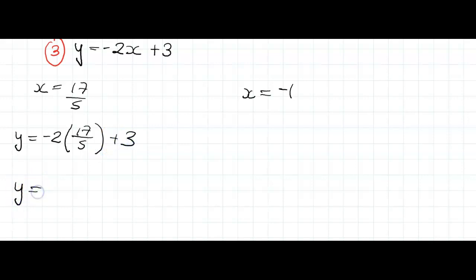Y is equal to, and if we put that into the calculator, so minus 2 by 17 over 5, close your bracket. So that's minus 34 over 5 plus 3.